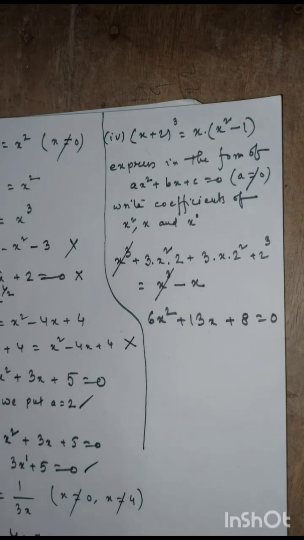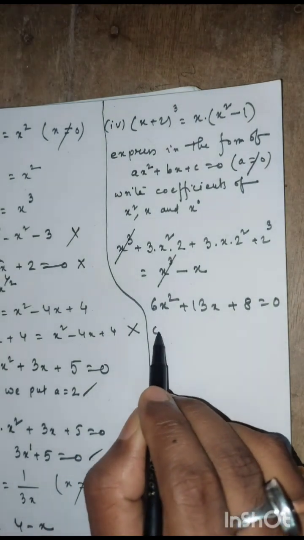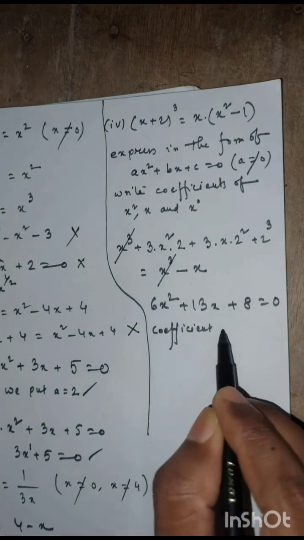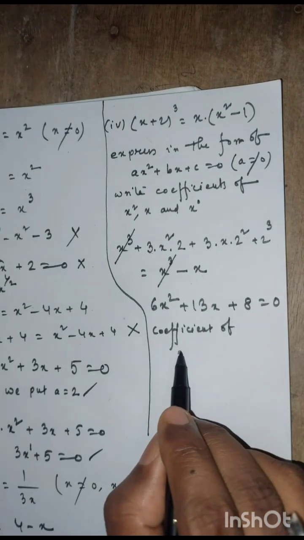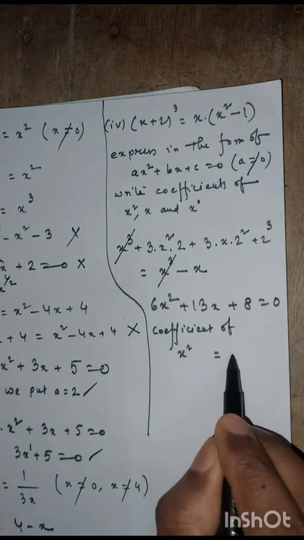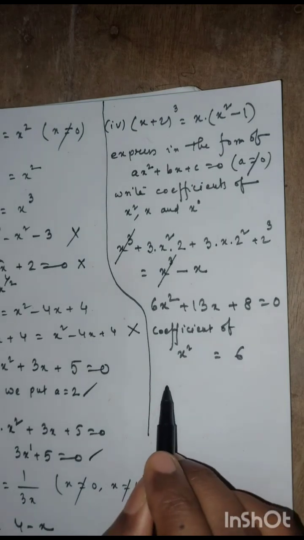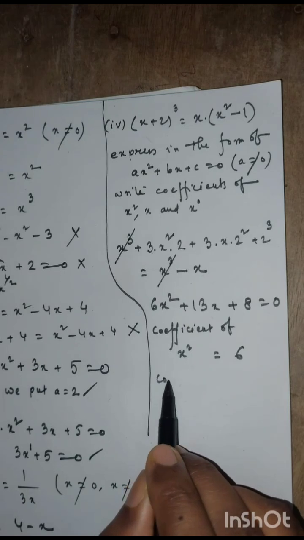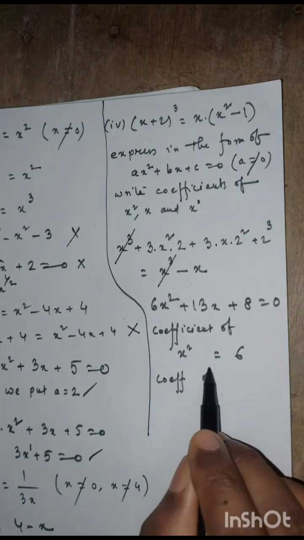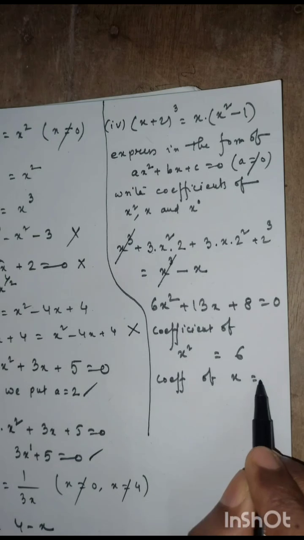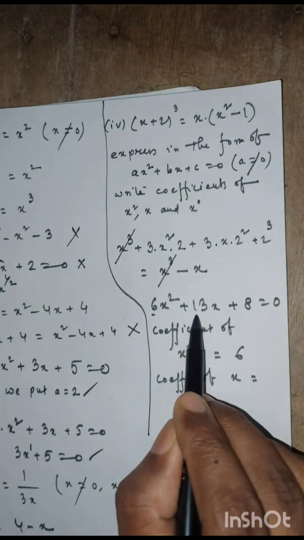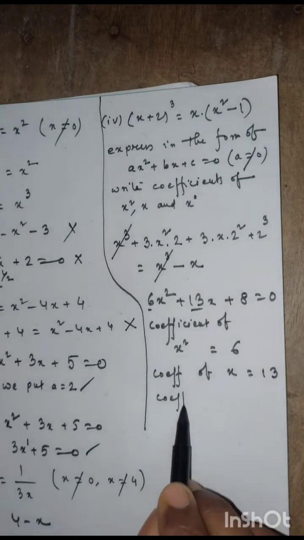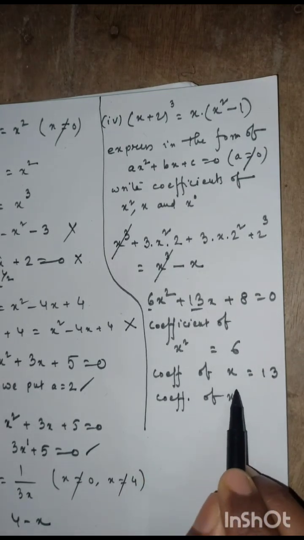Now the coefficient of x square is equal to 6, coefficient of x equal to 13, coefficient of x to the power 0.